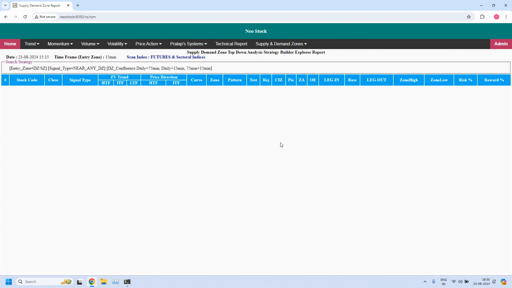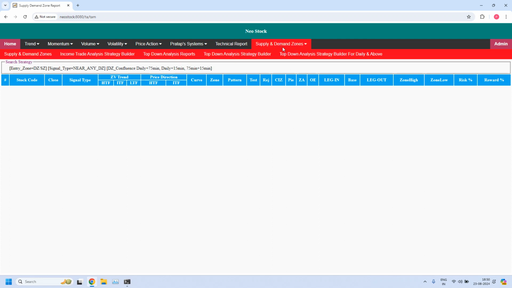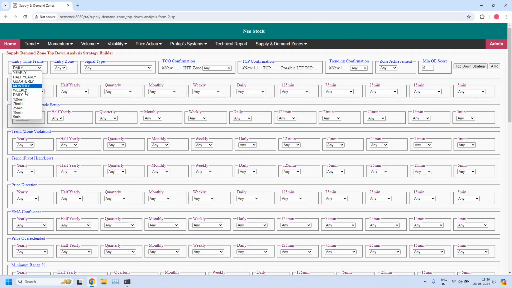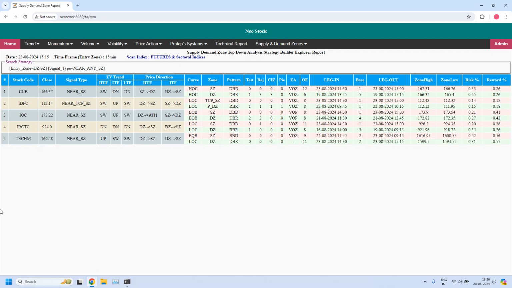We found 3 stocks. Okay, the next report, for 15 minutes time frame, let us find the stocks near 15 minutes supply zone. 5 stocks are filtered near to the 15 minute supply zone.